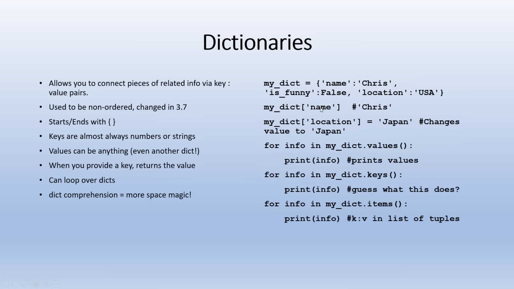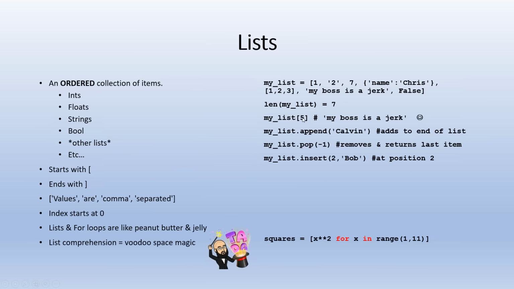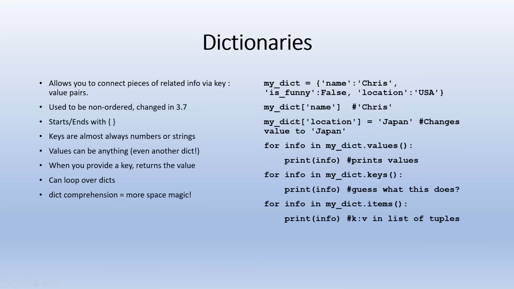As with lists, you can pull information out of a dictionary using specific calls. When you're in a list, you're calling it from the index range. In a dictionary, you're calling it by the key, and the key then spits out the value. And there's a number of ways that you can manipulate it. You can actually change information in here.